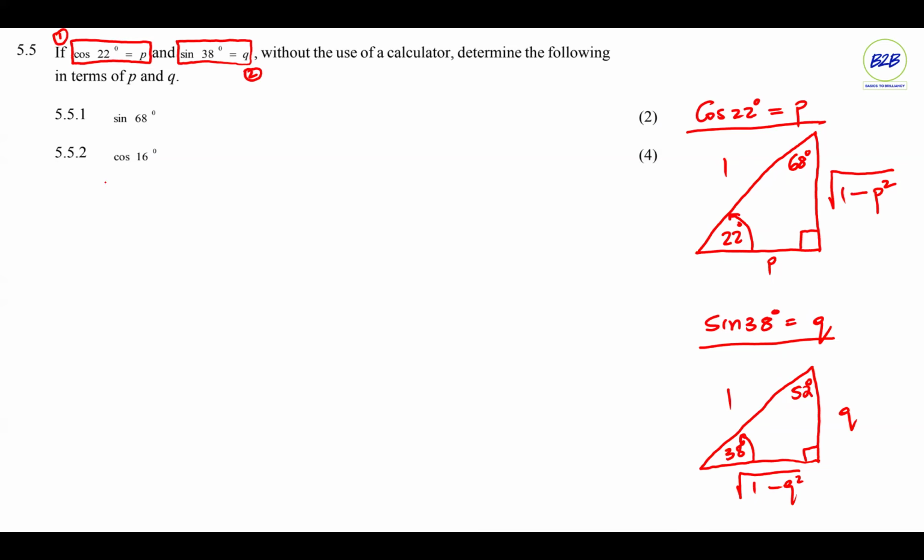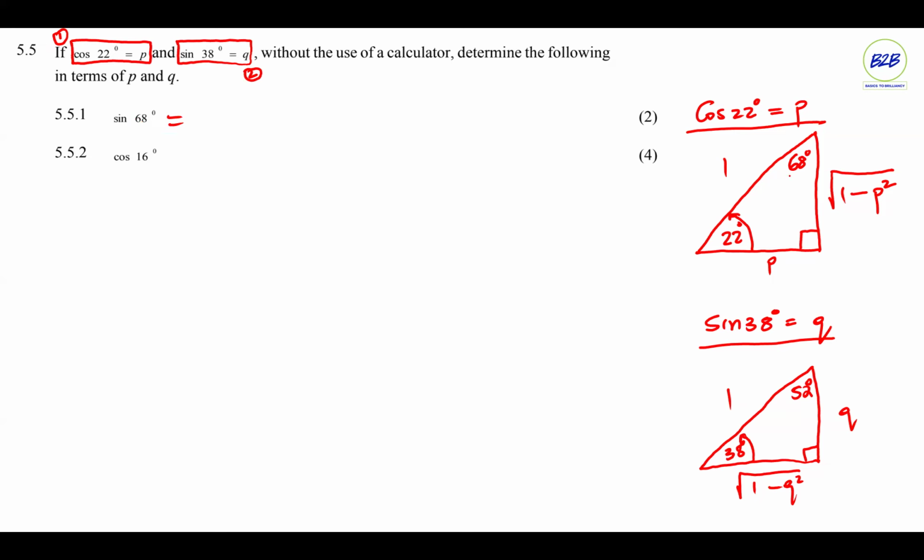So the main focus of this question would be to illustrate how we use those two diagrams to answer these questions. Sine 68 degrees, we will search for a diagram that contains 68 degrees, and that is the first diagram.